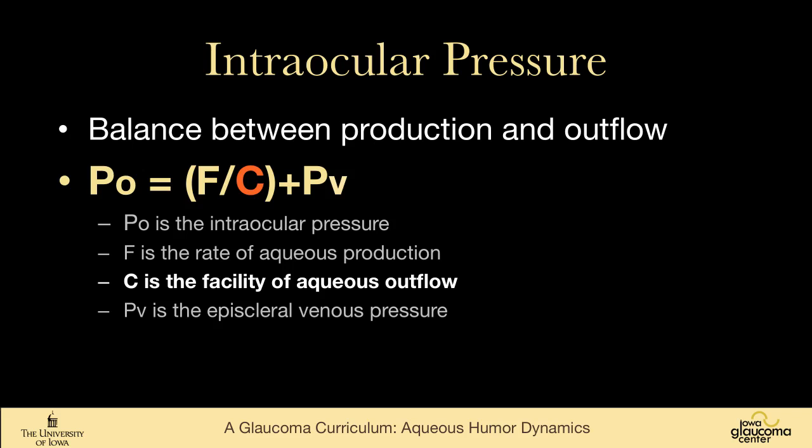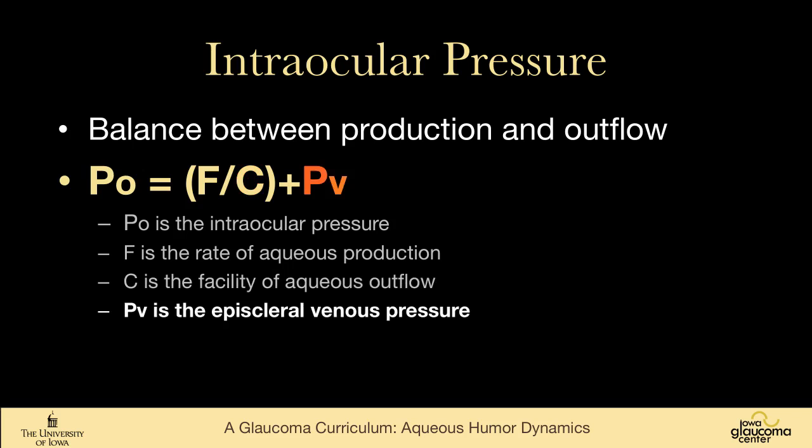And you can measure this with a device called tonography, which is almost never used anymore except in the setting of studies. And so what this should mean to you is that you really can't lower the intraocular pressure lower than episcleral venous pressure if we're talking about conventional outflow.